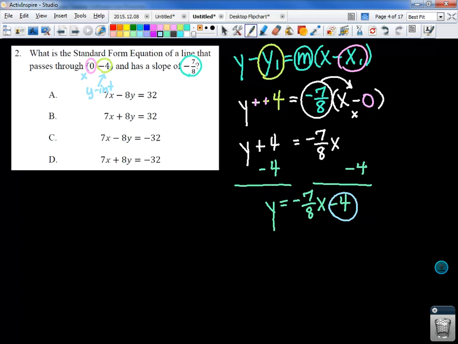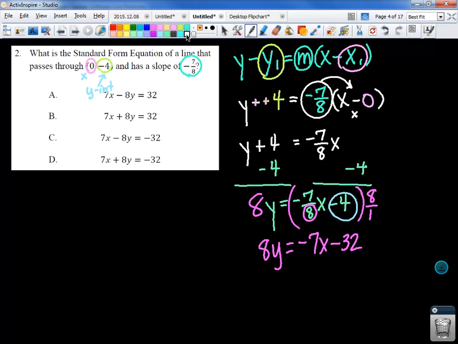We can take our slope-intercept form and turn it into standard form by multiplying by the denominator of any fractions there. Right now, it's just the slope. So I'm going to multiply this side by 8, and this side by 8. So I have 8y equals 8 times -7/8 x is -7x, and 8 times -4 is -32.